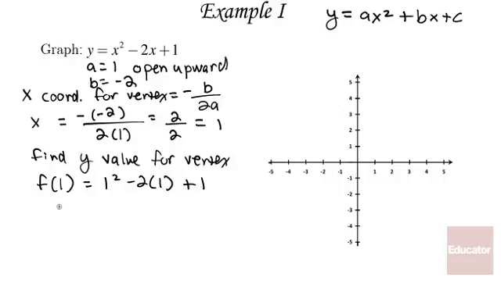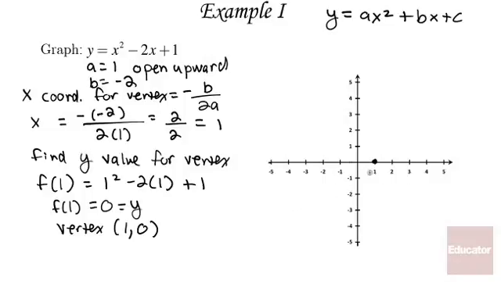So that's 2 minus 2, or 0. So f of 1 equals 0. So this is the y value for the vertex. My coordinates then are x is 1, y is 0. It's a vertex. I know it opens upward, so I know this is a minimum.